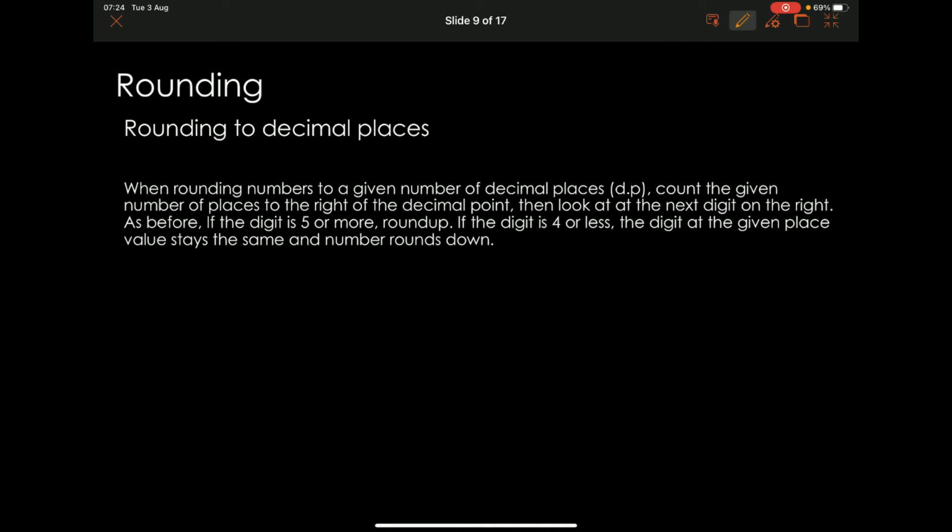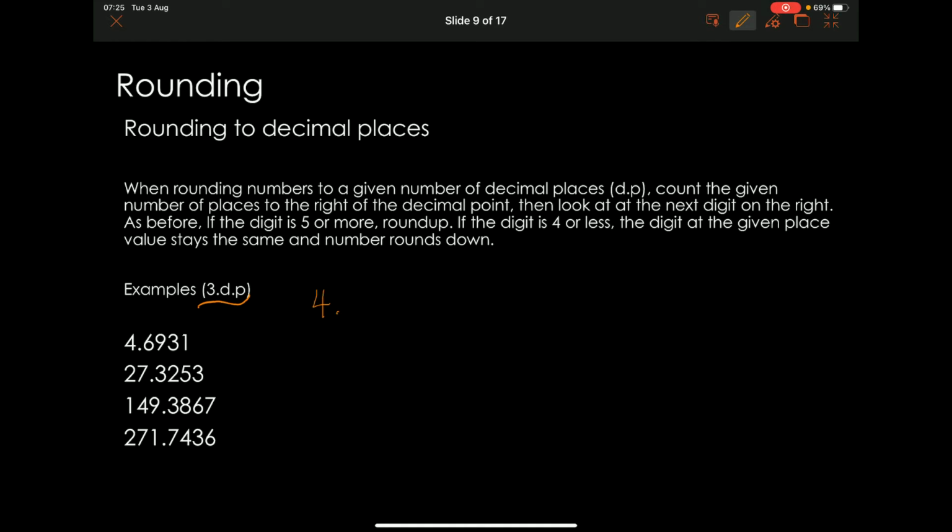The final one then is rounding to 3 decimal places, which is exactly the same concept. So pause the video and have a go, and press play for the answers. Okay, 3 decimal places then now. 3 decimal places means 3 numbers after the decimal point, as I'm sure you've guessed. So for the first one, it's 4.6931.